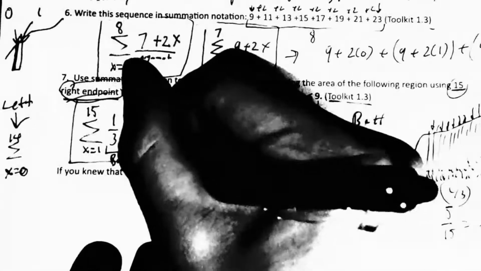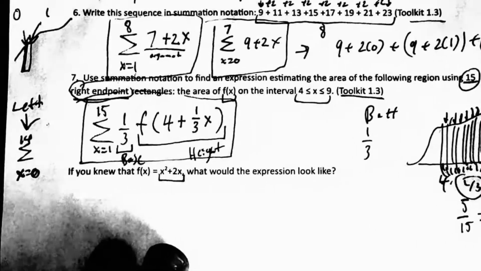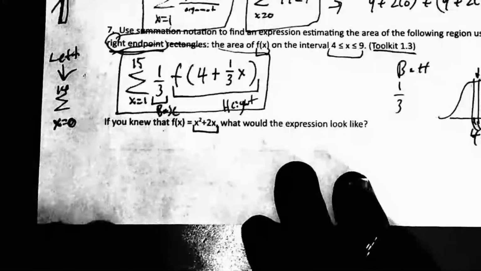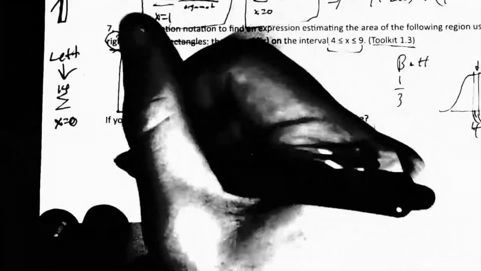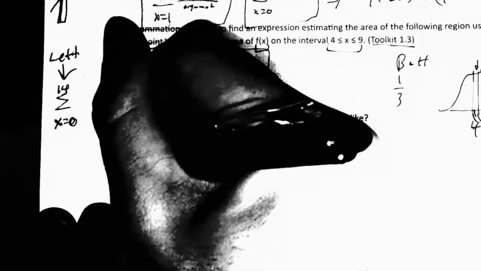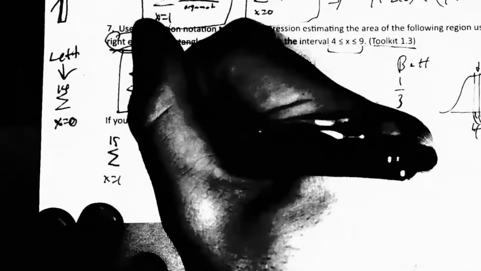This is going to make more sense when we use an example. So let's say the function is x squared plus 2x. What is this going to look like? Well, this thing is the same, right? But all we're going to do is replace. I'll show you. So it's going to be the sum from 1 to 15 of 1/3.